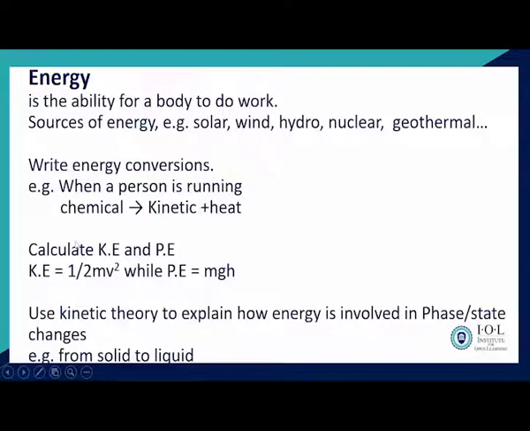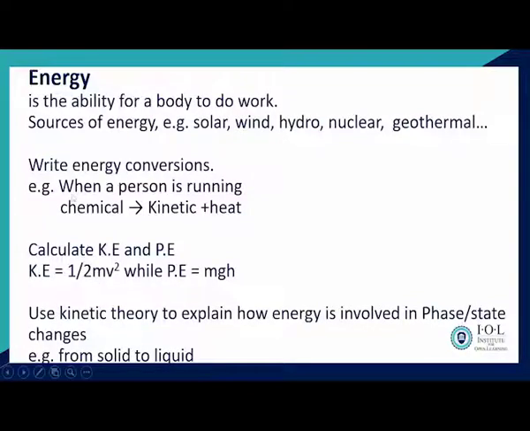Okay? Calculating kinetic energy and potential energy. We have formulas that we use to calculate kinetic energy and potential energy. For kinetic energy, the formula is kinetic energy is equal to half multiplied by mass multiplied by velocity squared. Half multiplied by the mass of the object that is moving, then you multiply it by the velocity at which the object is moving.